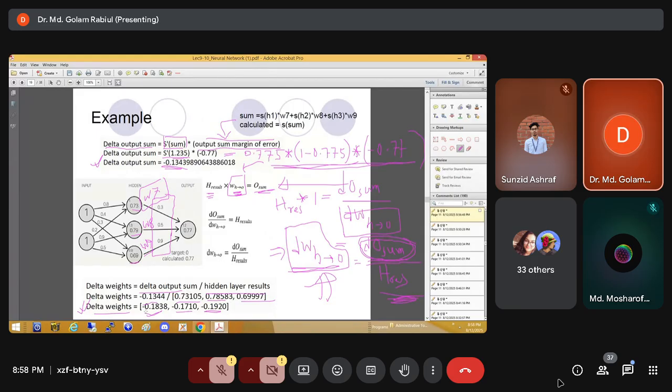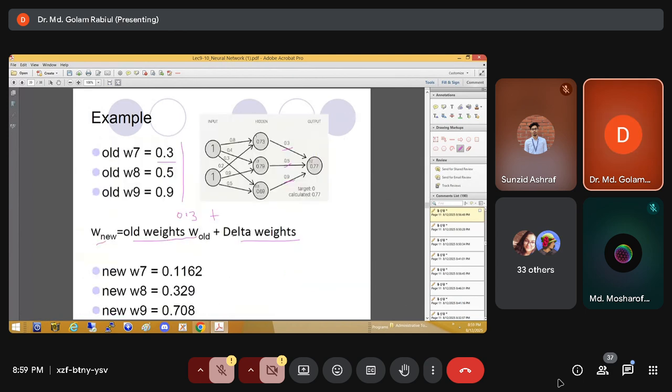The delta weight is negative 0.1838. So negative 0.1838. Okay, then we will get the new value, and for that the new W7 will be 0.1162.